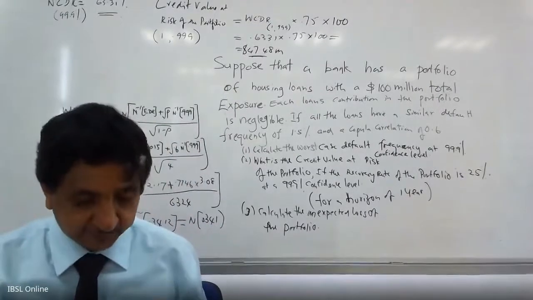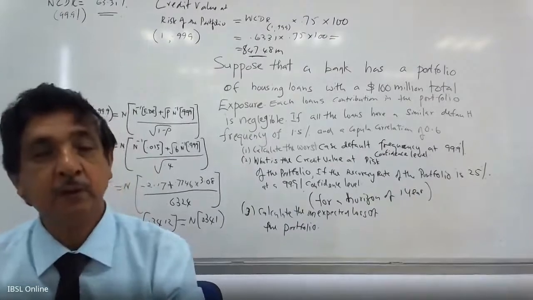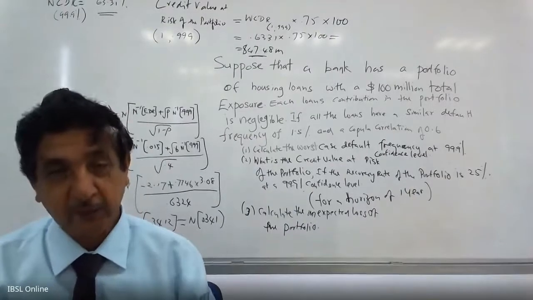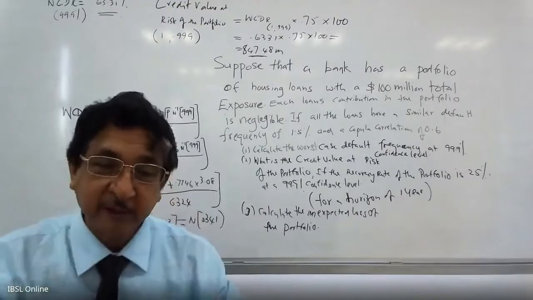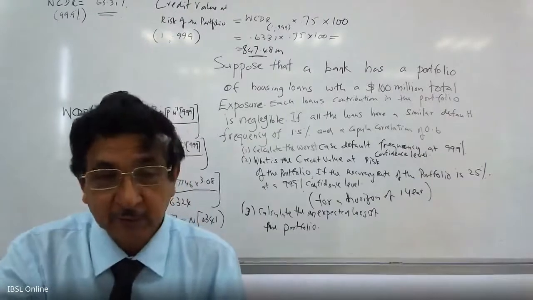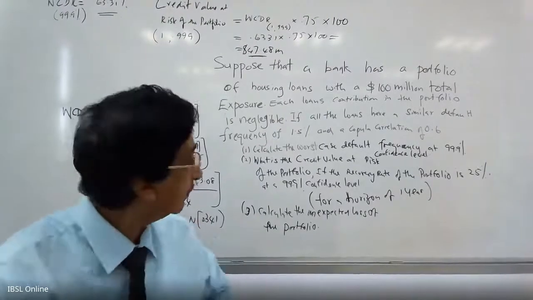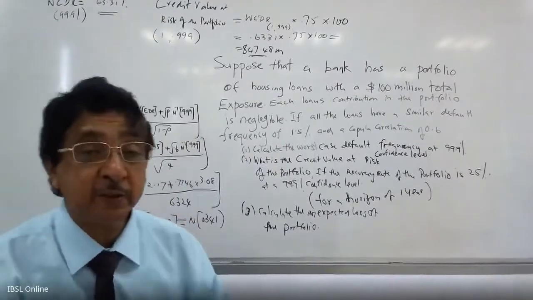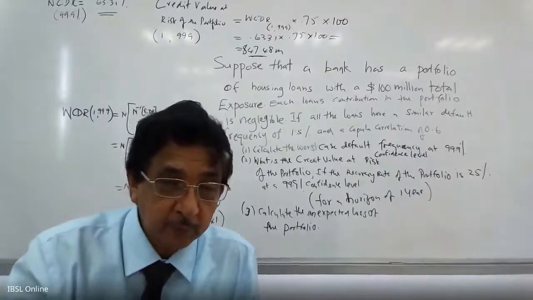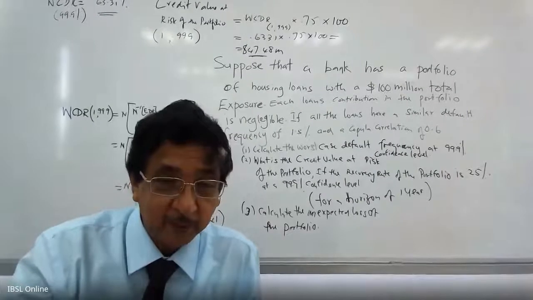When you say unexpected loss, I told you how we can calculate it. Now we have already calculated the credit value at risk, and that comes to 47.48. Now, how are we going to calculate the expected loss?